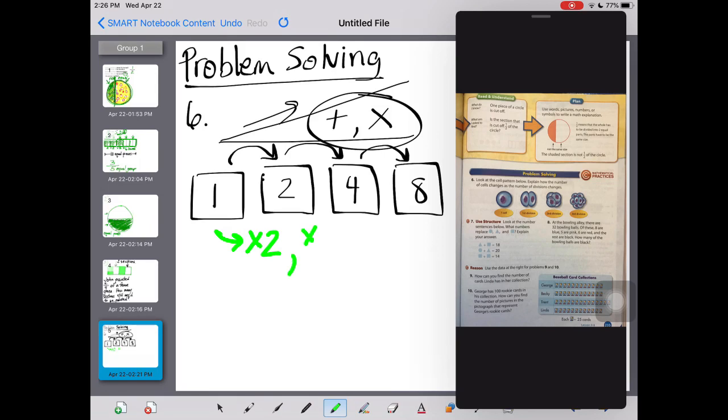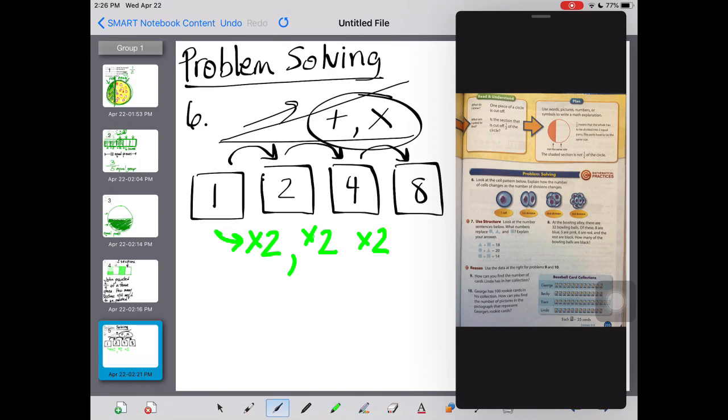What do I have to multiply to get to 4? 2 times 2 is 4. All right, this is looking promising. What about 4? What do I have to multiply 4 by to get to 8? How many 4s are there? Yep, there's 2 of them. 4 times 2 is 8.